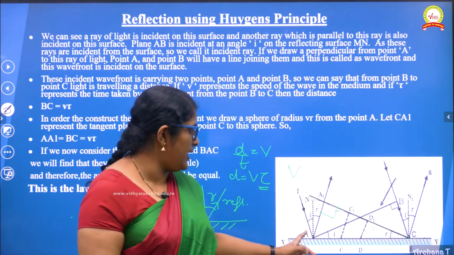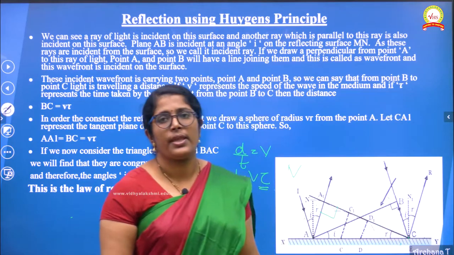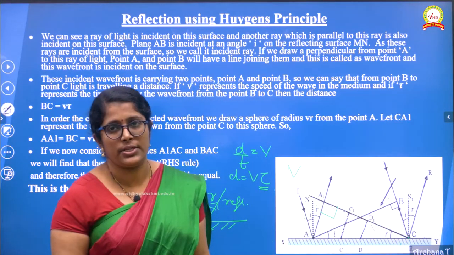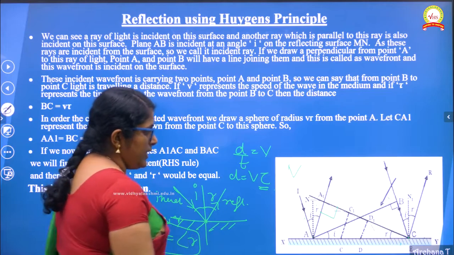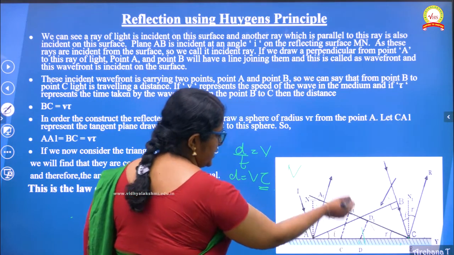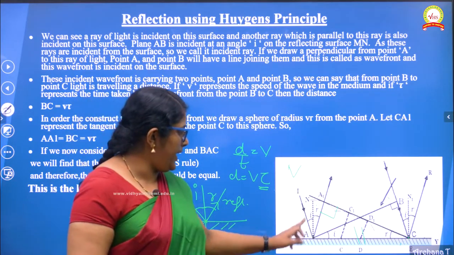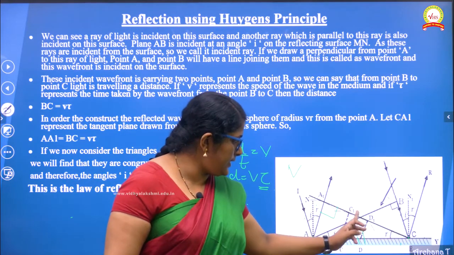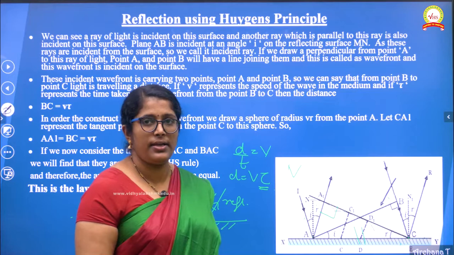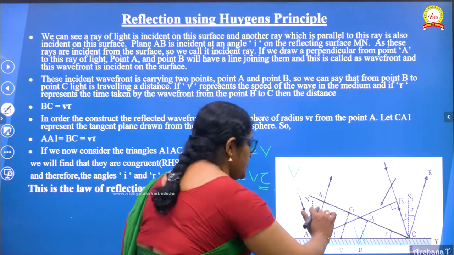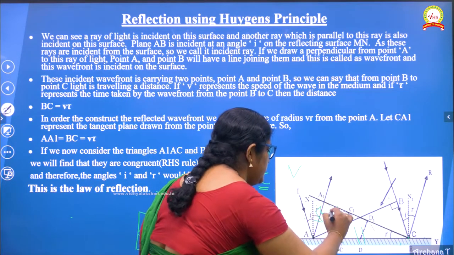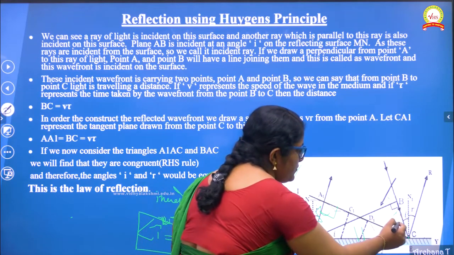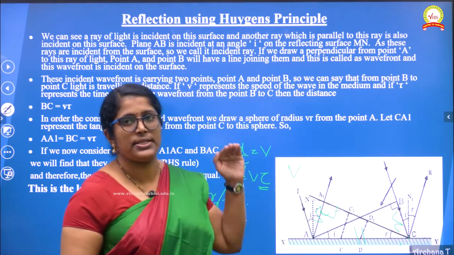If you look at these right angle triangles, you can see that AC is a common side. And you can see this is V2, we already saw. This is V2 and this is also V2, because V2 times it is touching.